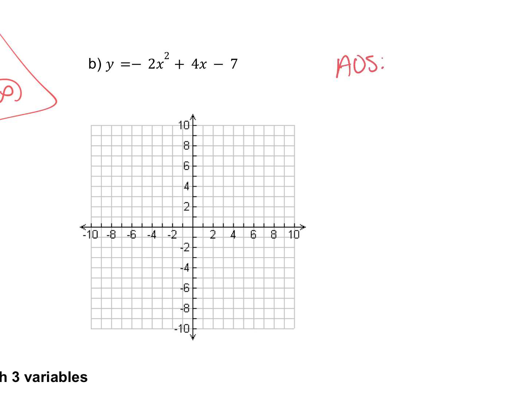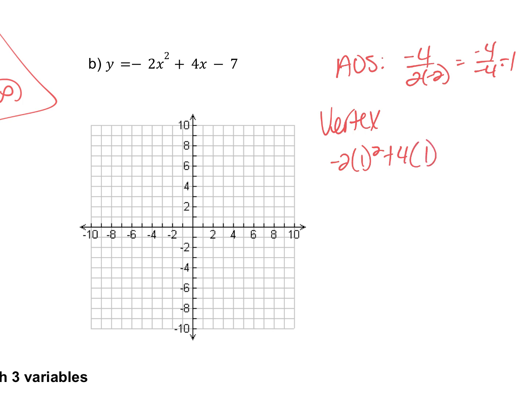Okay, this one, so let's do the same thing. Axis of symmetry, negative 4 over 2 times negative 2. Ends up being 1. Vertex, it's going to be negative 2 times 1 squared plus 4 times 1 minus 7. So that would be 2. I believe it's negative 5. I'm going quick, so I'm sorry if I'm wrong. So (1, negative 5) is your vertex.